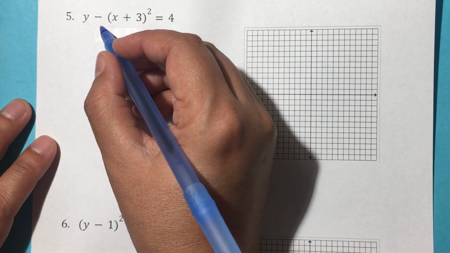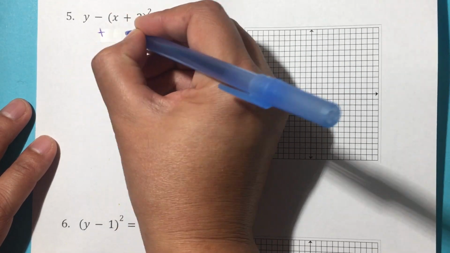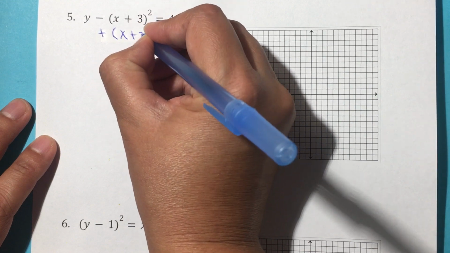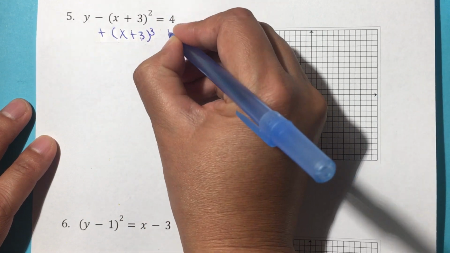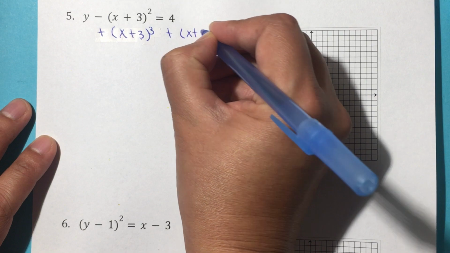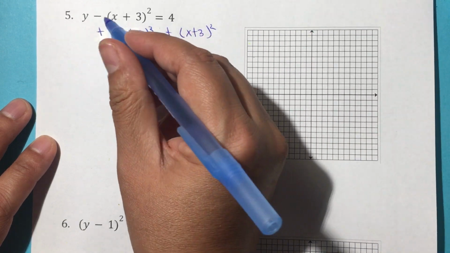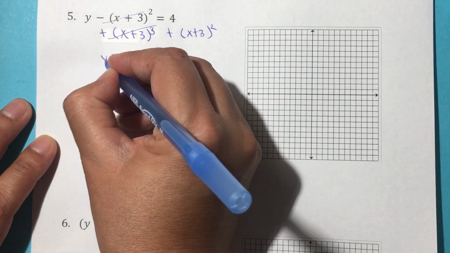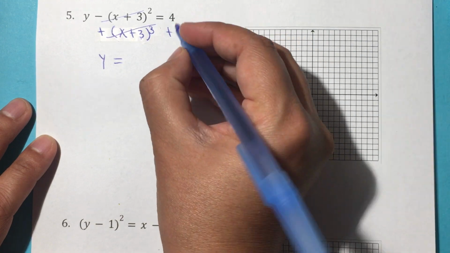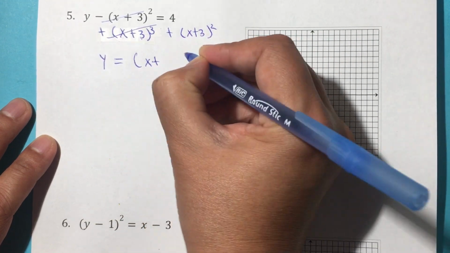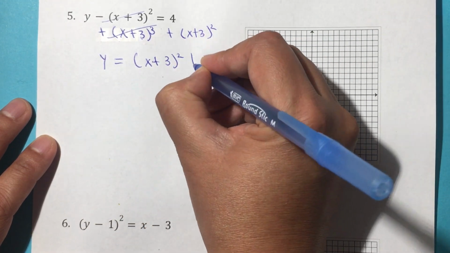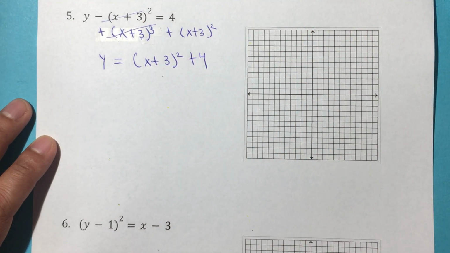For the next one, I'm going to isolate y by adding this entire term to both sides. This cancels, and I get y is equal to x plus 3 squared plus 4.